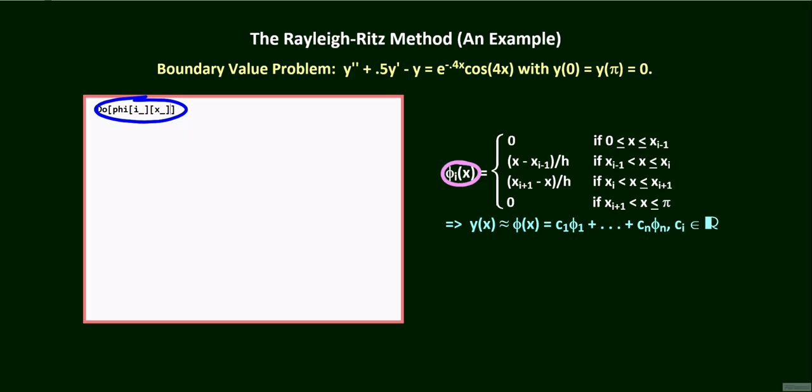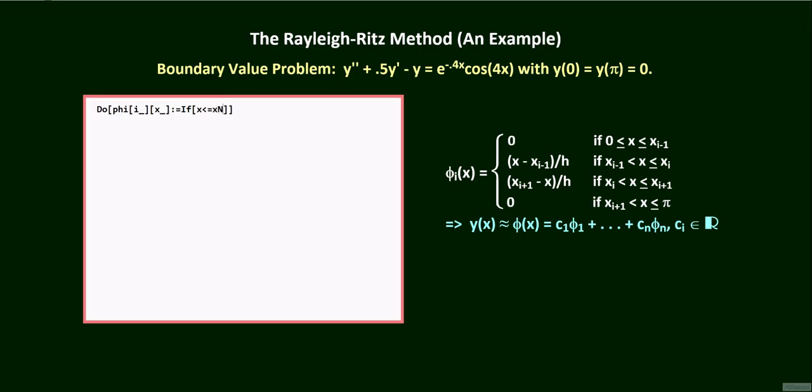We also have to use a colon when defining phi sub i because we will be using an if statement to define each phi sub i. Using an if statement for defining a function often requires delaying evaluating the function. The colon does precisely that. We will not need to evaluate any of the phi sub i's until we sketch the graph of the approximate solution.